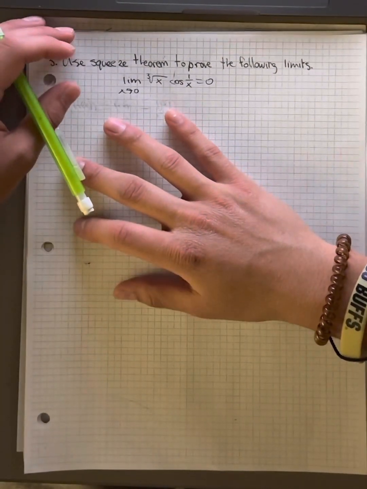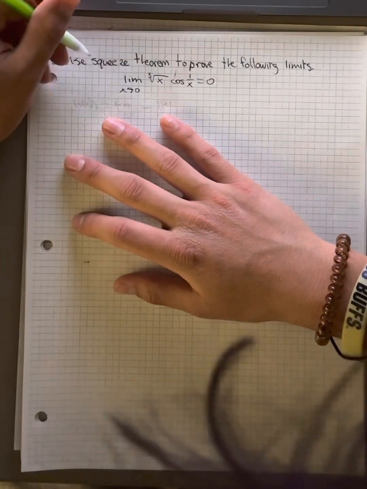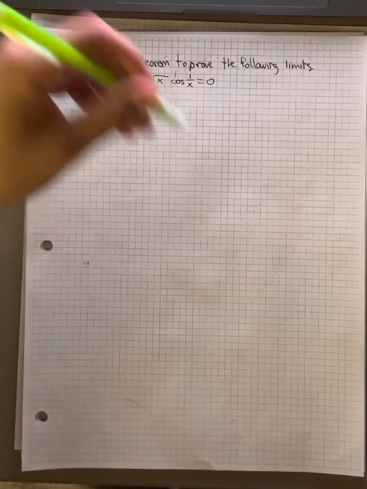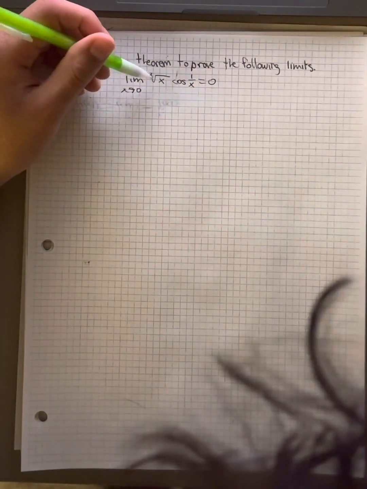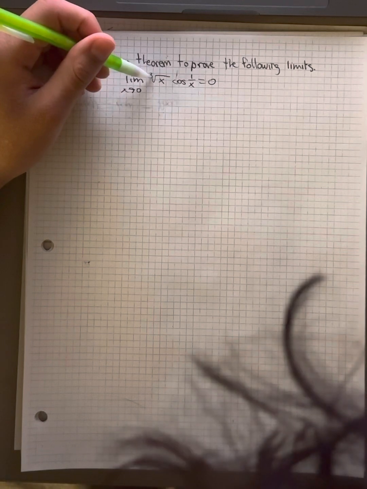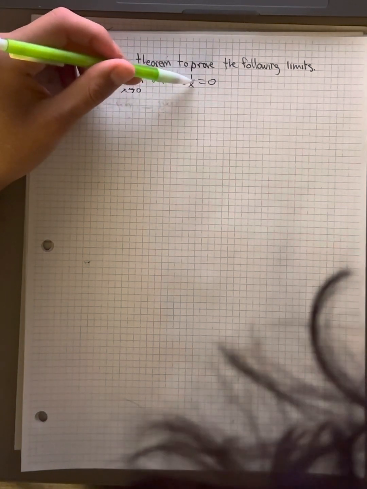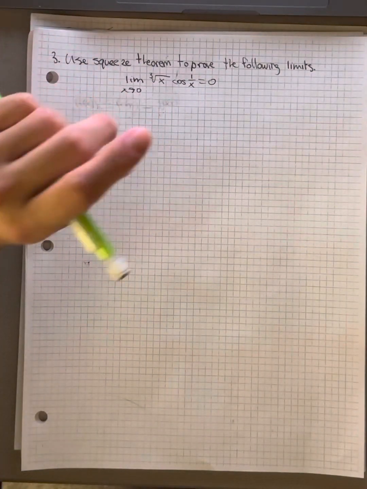So let's get started. We're going to use squeeze theorem to prove the following limit: the limit as x approaches 0 of the cube root of x times cosine of 1 over x.